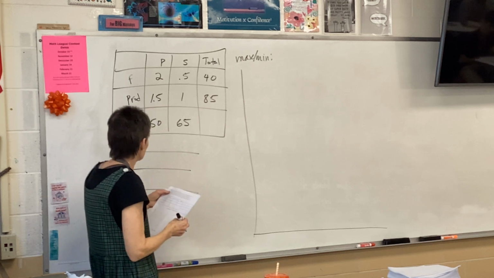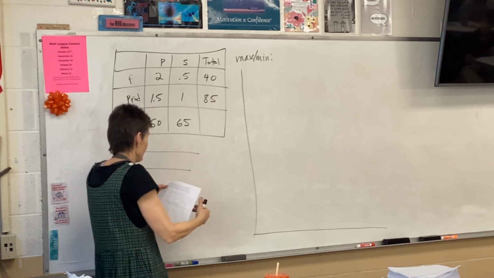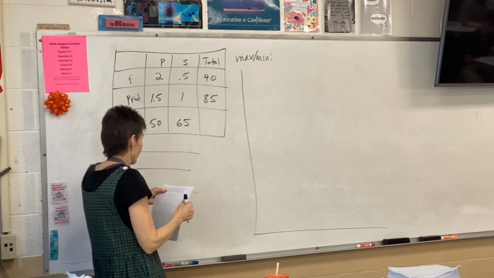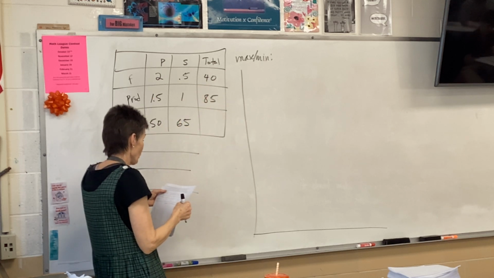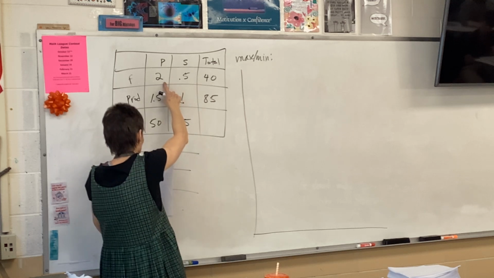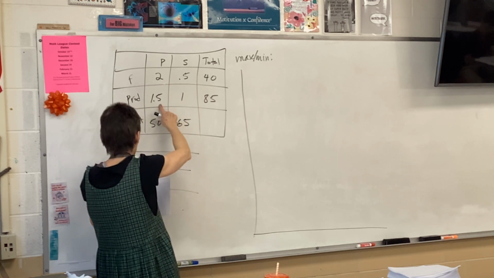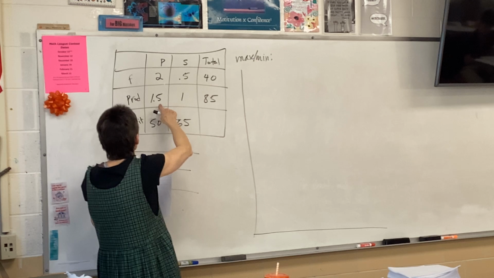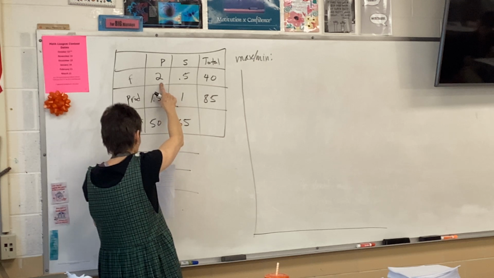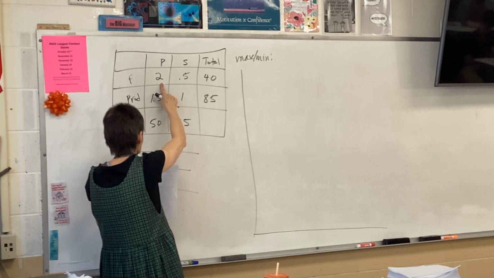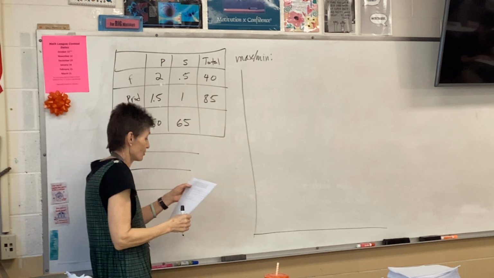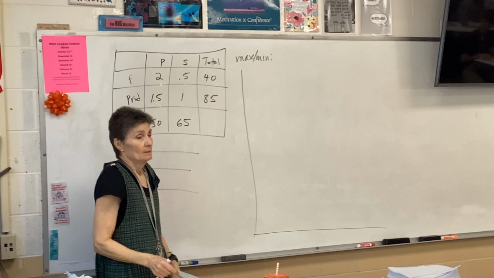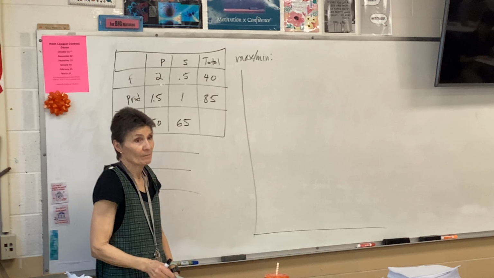Total number for production is 85, beautiful. 40 for finishing, that's perfect. Pro boards require 1.5 production and 2 hours of finishing, good. Specialty are 1 hour production and half hour finishing, that works great. Anybody have a question about those numbers in those spots?